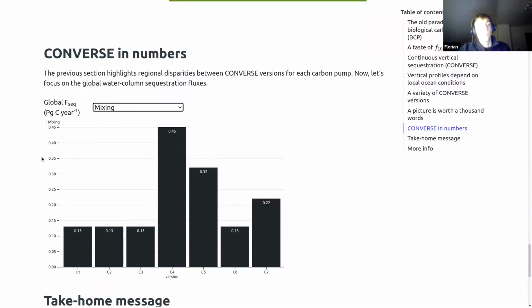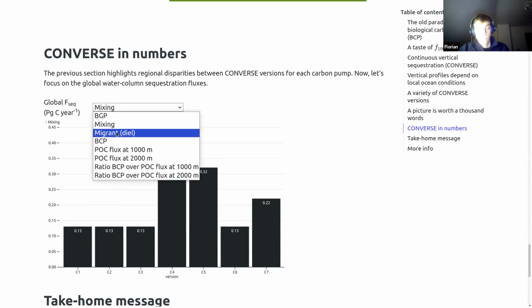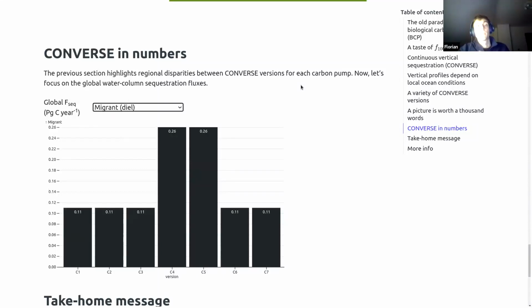For the mixing pump, so the circulation pump, we have computed global sequestration flux from 0.13 to 0.45, which is not negligible. And if you look at the diel migrant pump, you see that you also have non-negligible values comprised between 0.11 and 0.26.